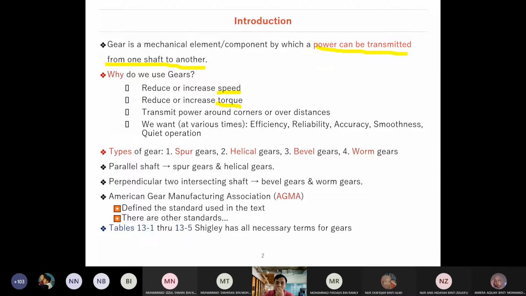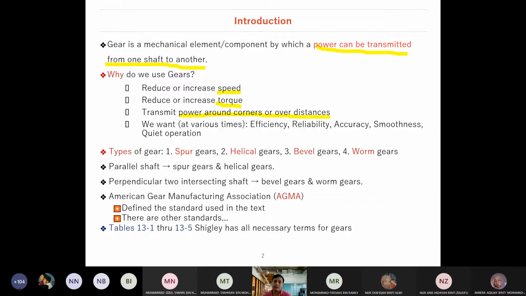The other use of gears is to transmit power around corners and over a distance. That's the first thing, over the distance. Sometimes you have the engine on one side and the tire on the other side.